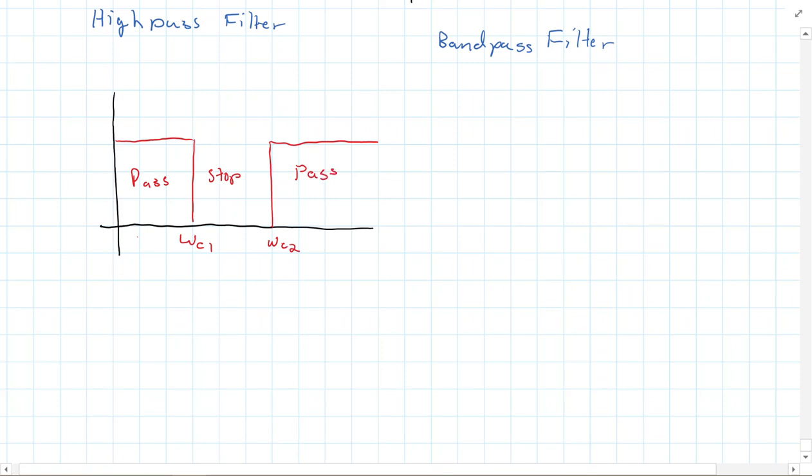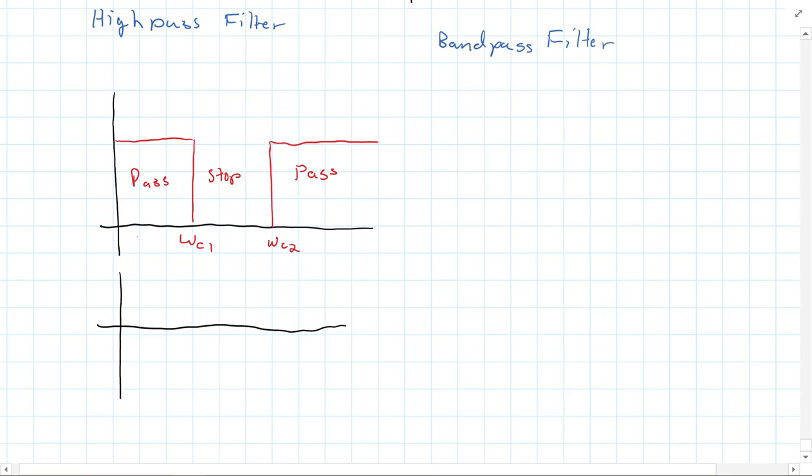And the phase diagram for this one is a little unusual, and that's just because we have these quote discontinuities here. A real filter wouldn't look like that. I'll show you in a second what a real filter would look like.